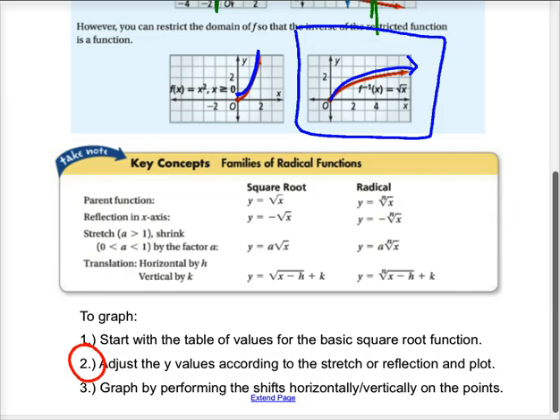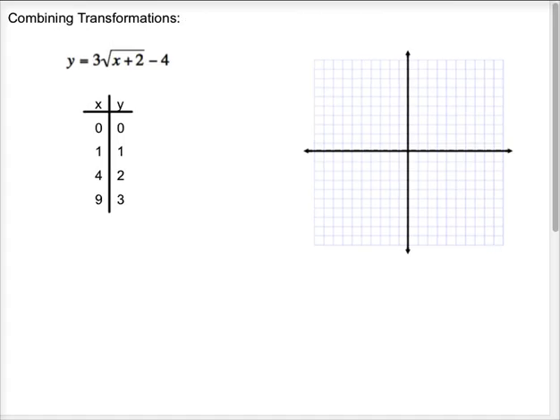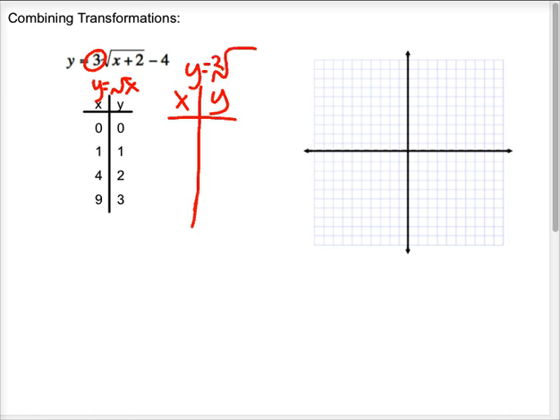So this time, because I have this stretch here, I'm going to make a table performing that stretch. So this is y equals square root of x. I'm going to plot y equals 3 square roots of x. So I'm just going to take that stretch and make a new table.